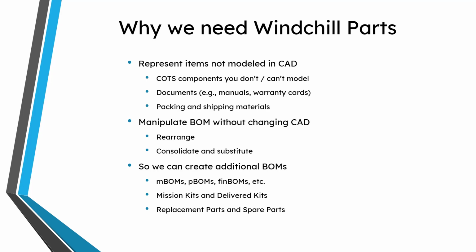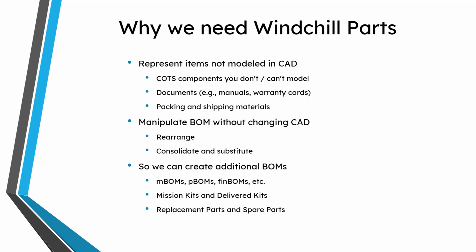And in addition to creating these other different kinds of bills of material, maybe you want to create other different product structures. For example, maybe you want to create a mission kit for how your different products are going to be used.